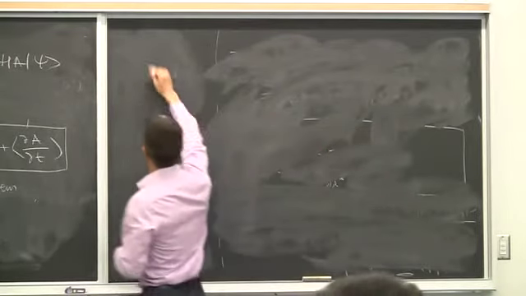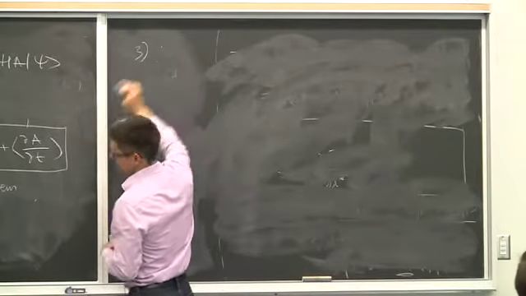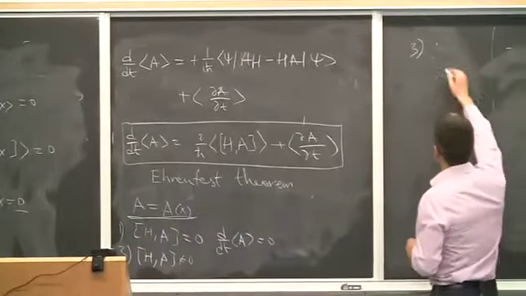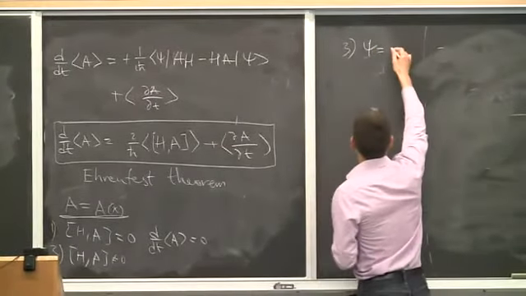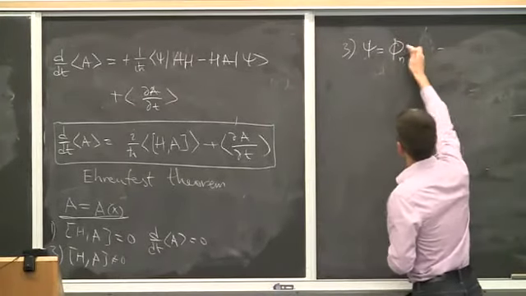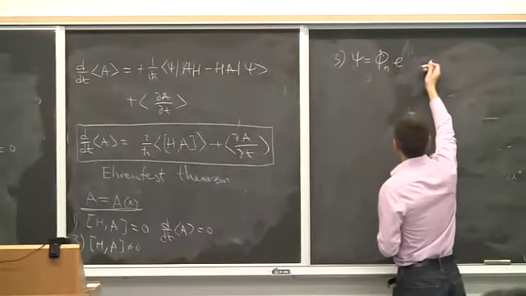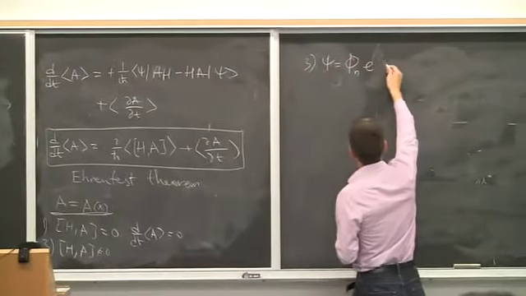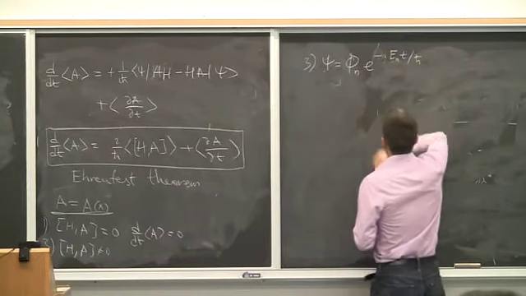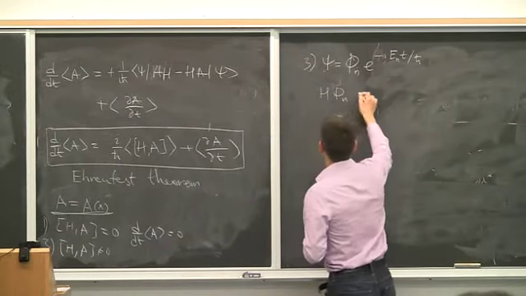Now imagine a third case, where we consider A, and we have psi, which is a stationary state, right? So it has a spatial part, and the time dependence will necessarily be e to the minus iEnt divided by h bar. That's what is true for the stationary state of the Hamiltonian.